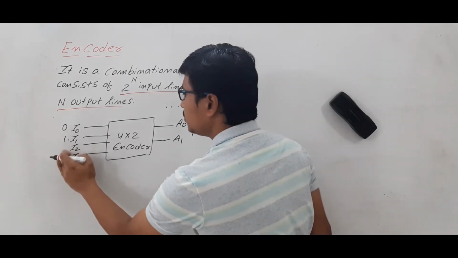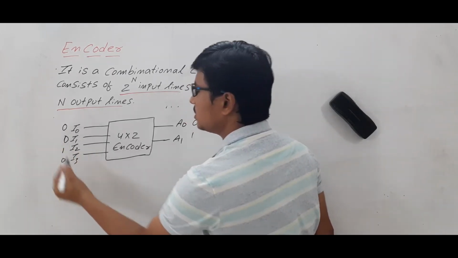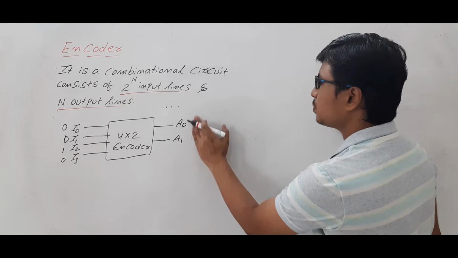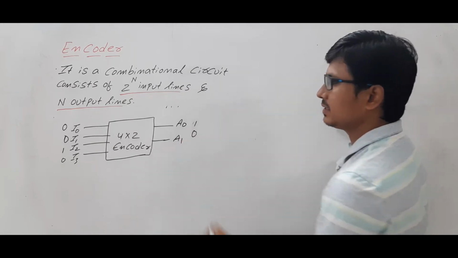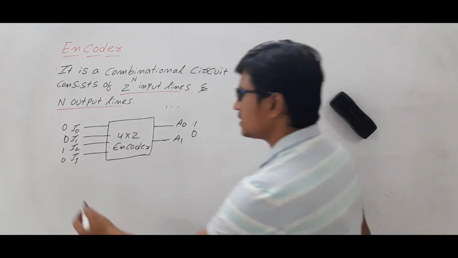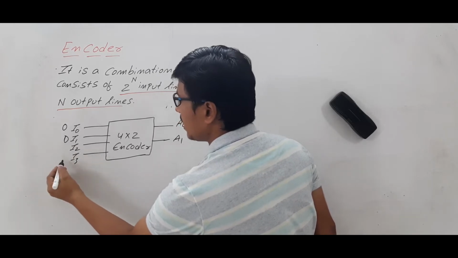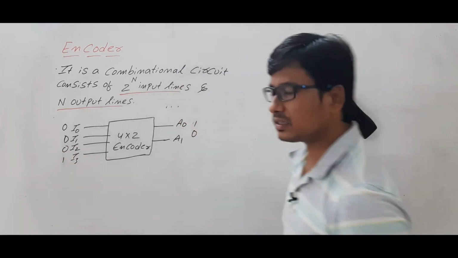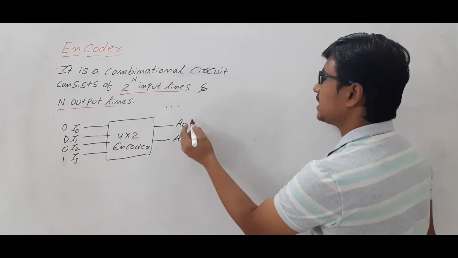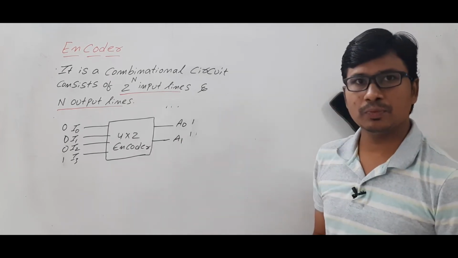Similarly, if I2 is 1 and all others are 0, you will get the output as 1, 0. Are you able to understand? Similarly, if I3 is 1 and all others are 0, the output you will get is 1, 1. I hope you have understood.